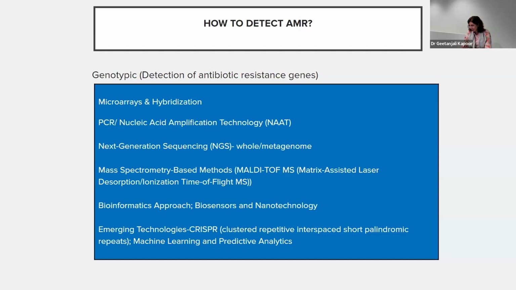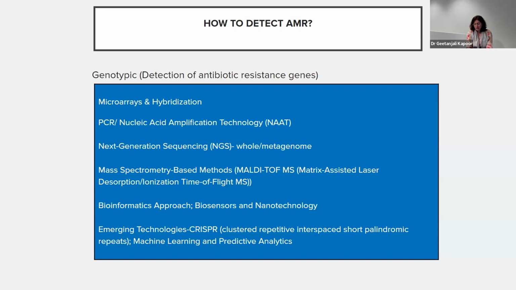Now, coming to mass spectrometry, though they do detect resistance, it's basically detection of resistance-related proteins. It may not capture new genetic mutations which are responsible for resistance. So that's the con for mass spectrometry.